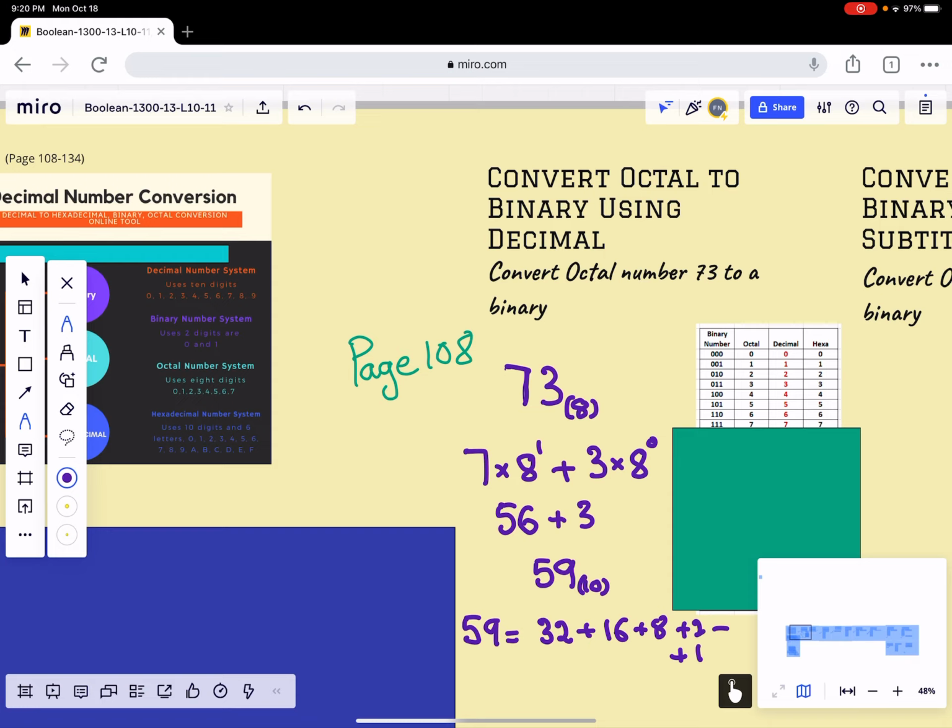So I'm going to write out 1 for 32, 1 for 16, 1 for 8, 0 for 4, 1 for 2, and 1 for 1. So this is the binary number for octal 73. Make sure that you convert from octal to decimal first by using the base of 8, and then you convert from decimal to binary.